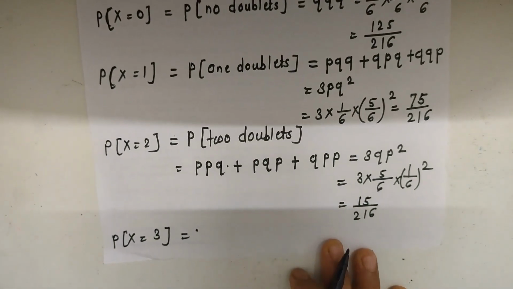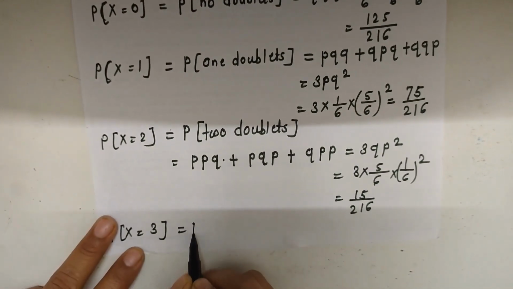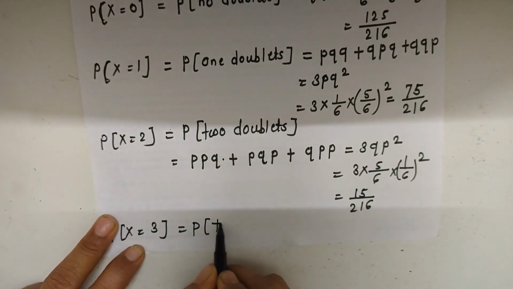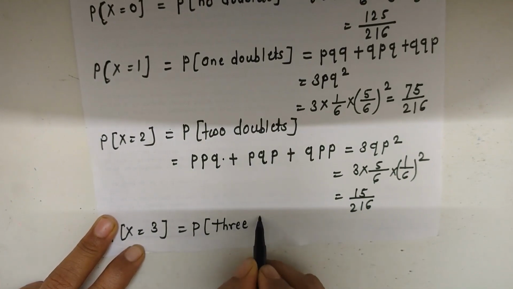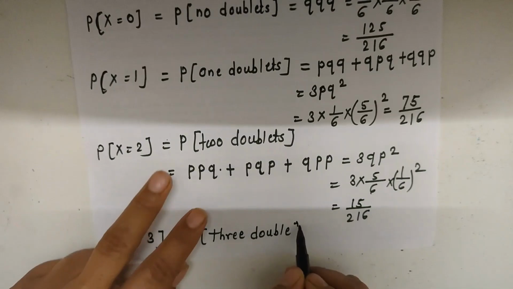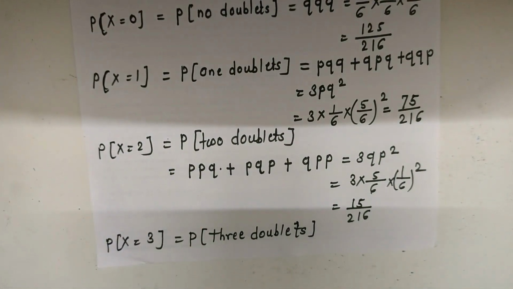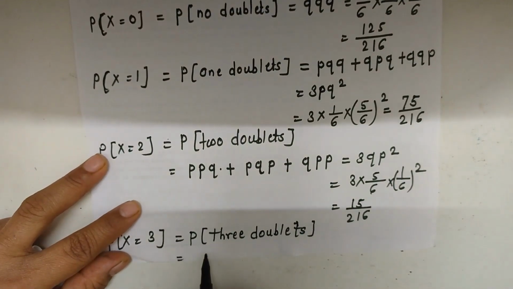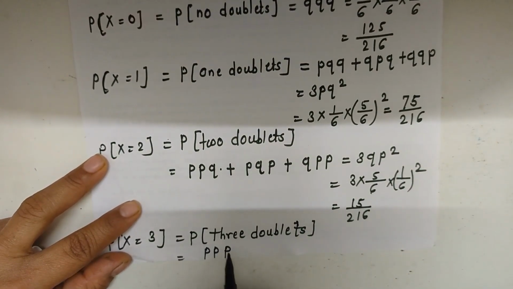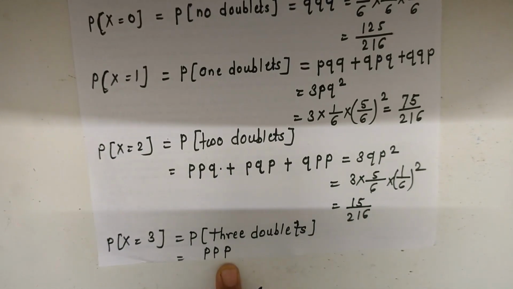Now the last probability for x equal to 3, that is all 3 times we get a doublet. Probability for 3 doublets. For 3 doublets we get only one possibility, that is PPP, 3 times success.